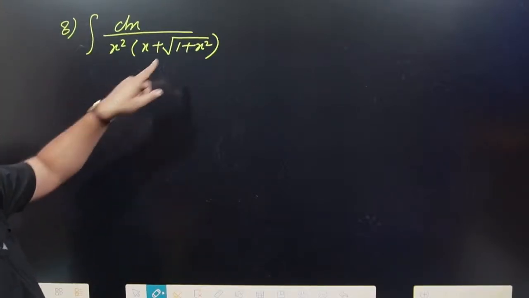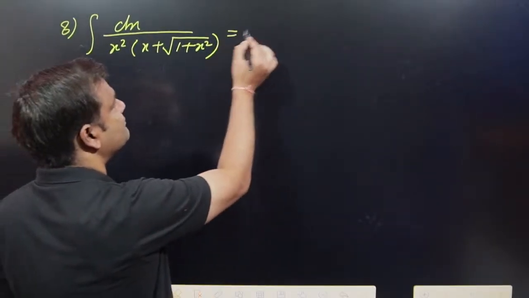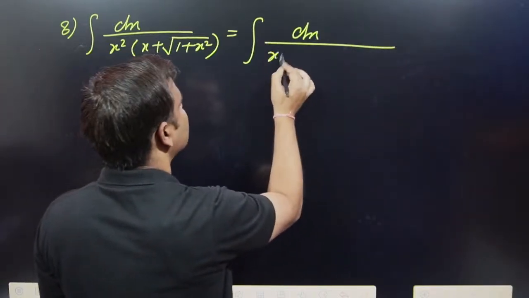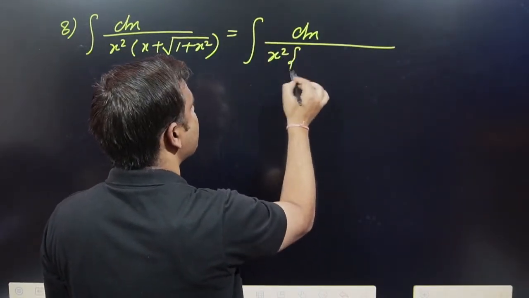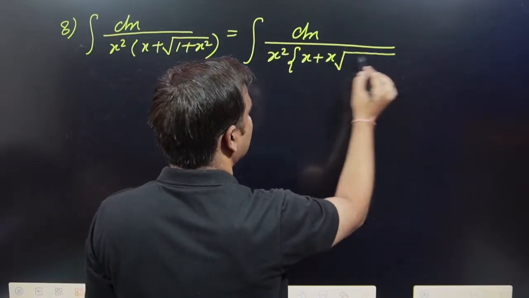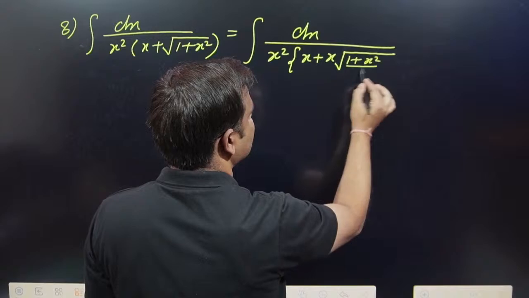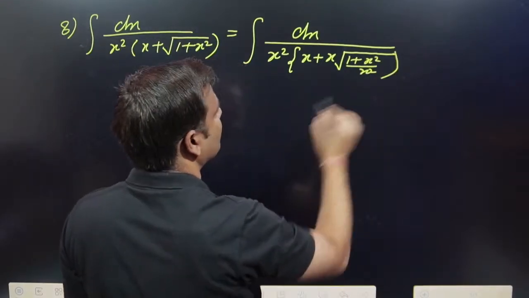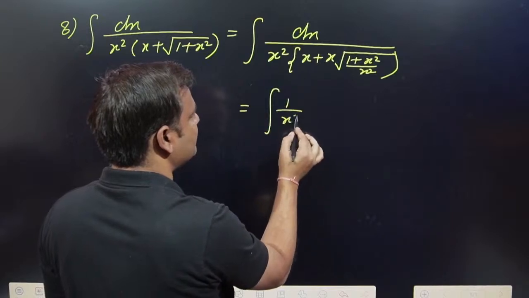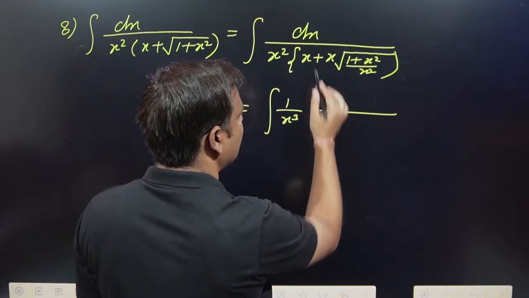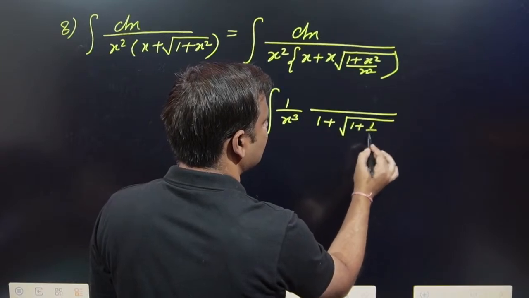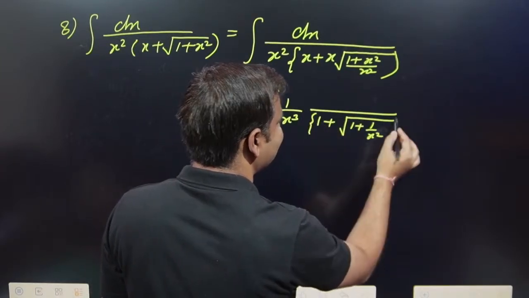Simply take the highest power common, so dx divided by here x square, here x plus, if x is common then 1 plus x square by x square. So that one x cube, and what about that value, 1 plus under root 1 plus 1 by x square dx.